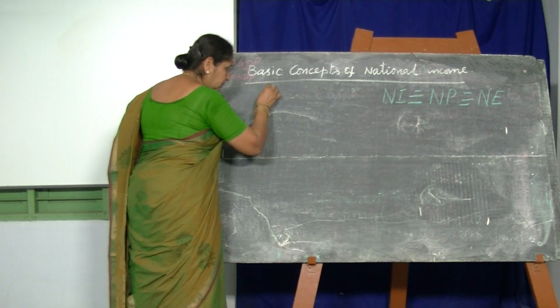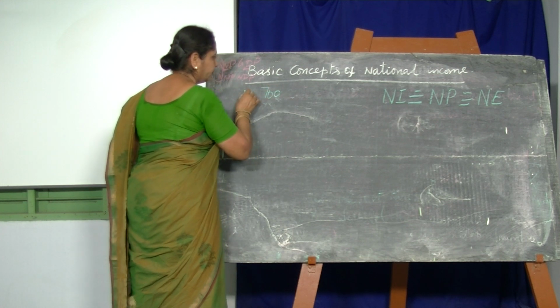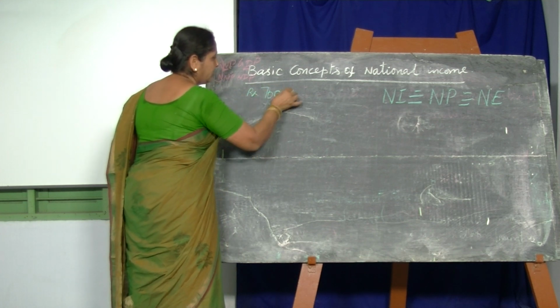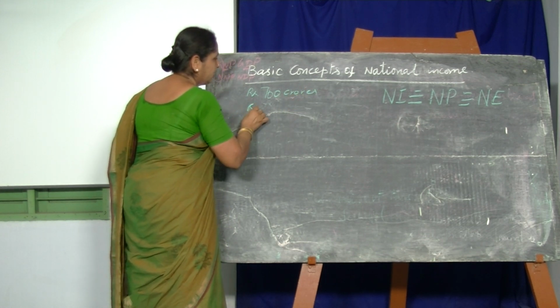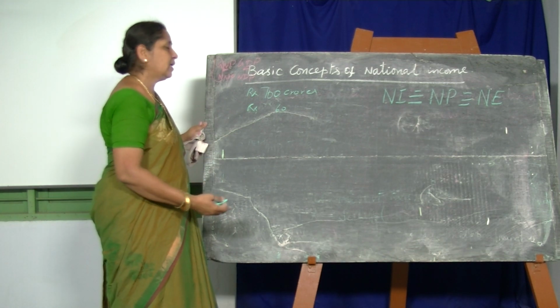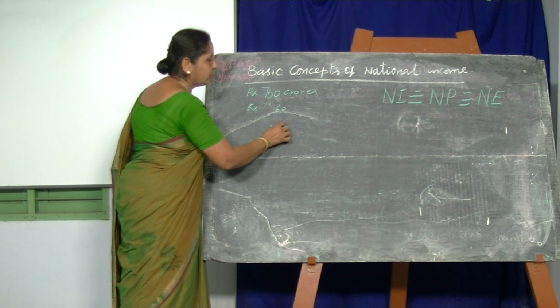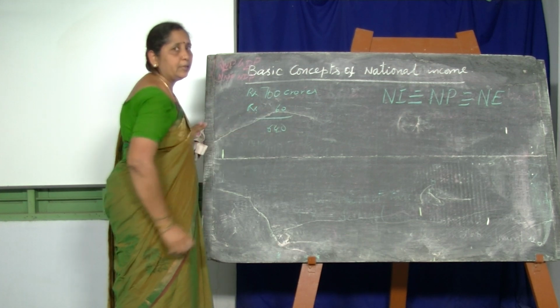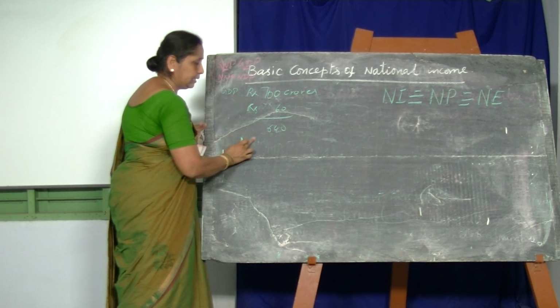If GNP is rupees 700 crores and depreciation is rupees 60 crores, find NNP. Okay, how will you calculate? It is 640, because gross minus depreciation will give you net. If it is GDP, it will be NDP.